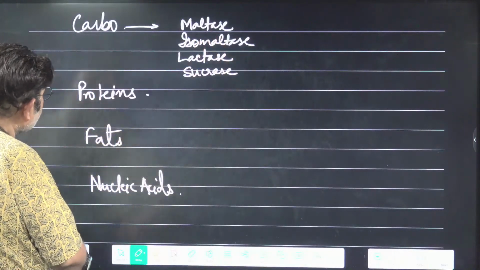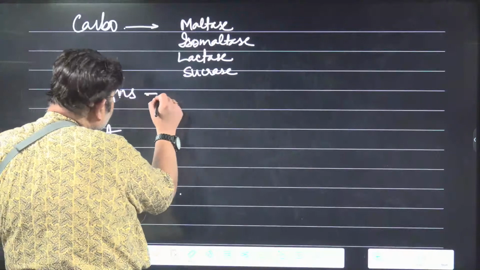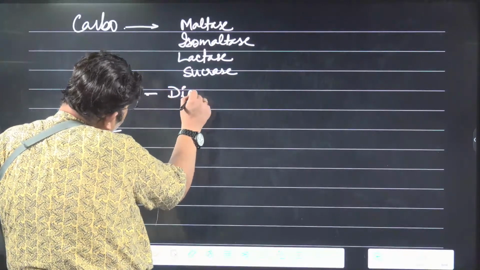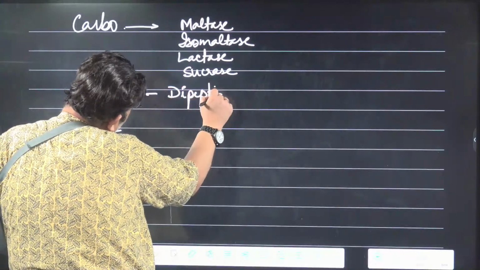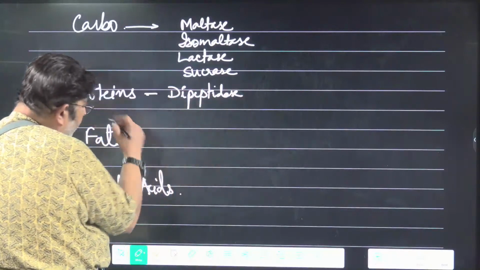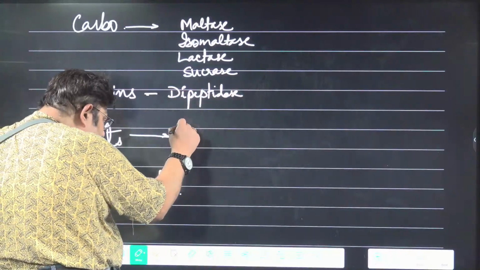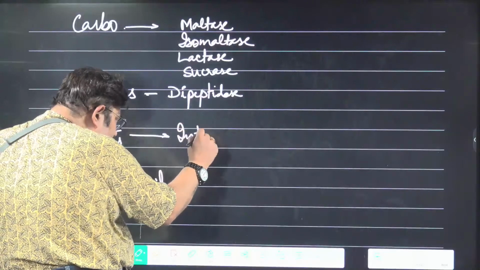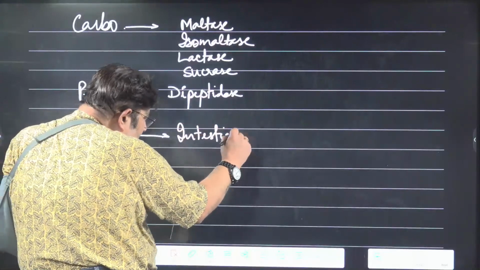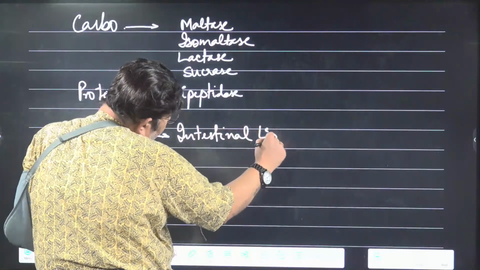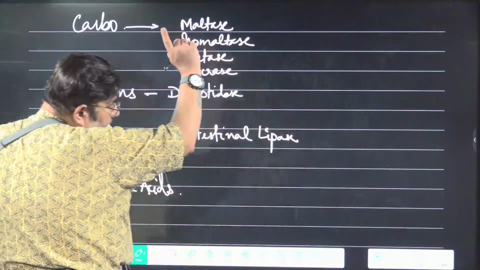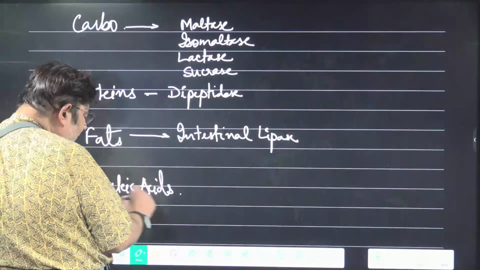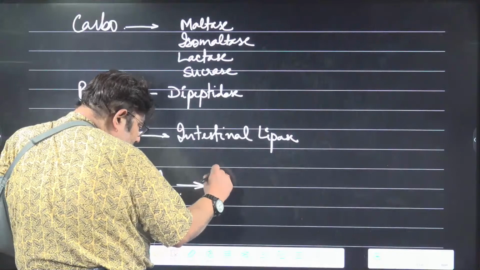For proteins we have dipeptidase. For fats we have got intestinal lipase. That was pancreatic lipase, this is intestinal lipase.